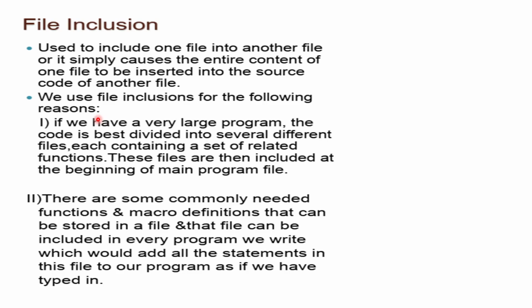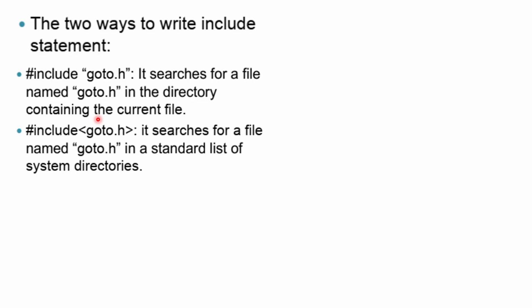Okay, so it's not true that only header files can be included. You can include other C files also, or maybe files with some other extension, depending on your requirement. So this is all about file inclusion, but there is a very small difference that we generally use in file inclusion. You are in the habit of writing your file inclusion when including header files in this way: hash include, within angular brackets, the header file name .h.